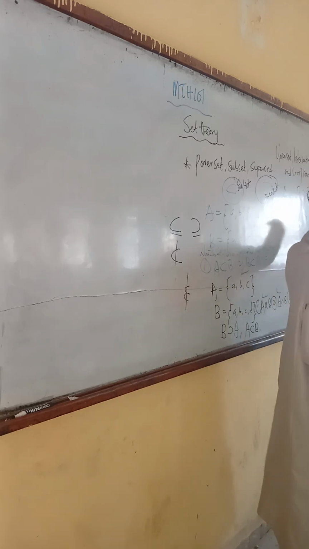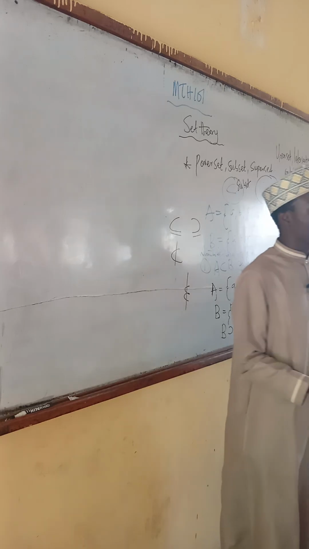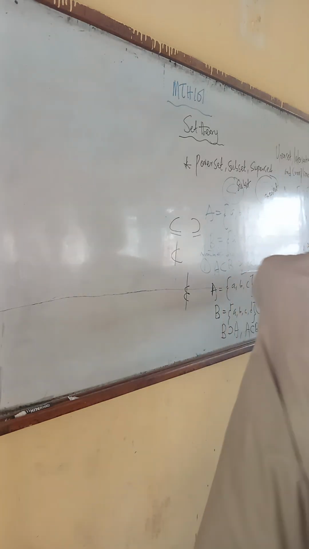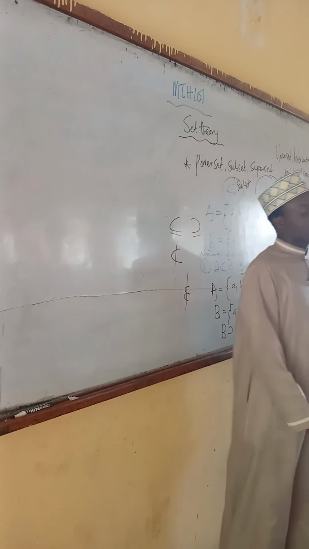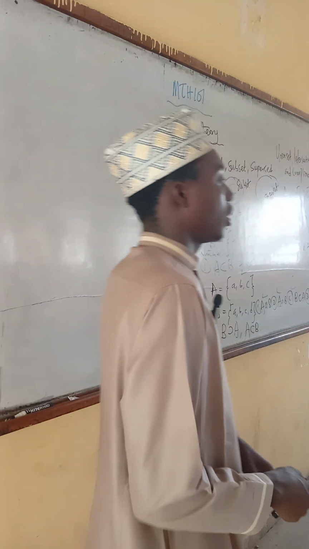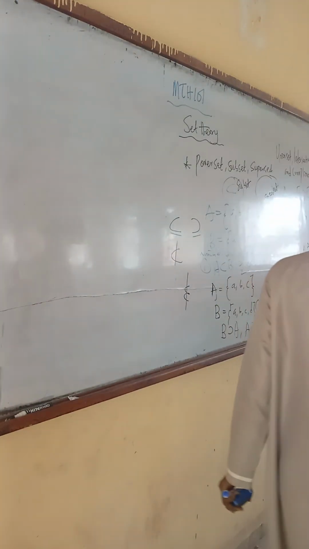They will give you number of A, number of B, number of A union B, and ask you to find number of A intersection B. Some of you just use Venn diagram; instead, just use the formula directly and get your answer. Are you following? So know the two.